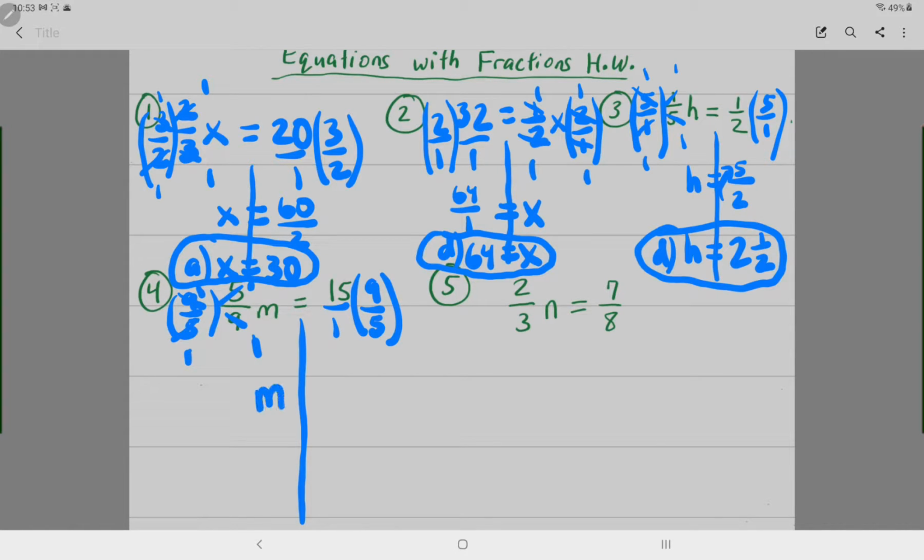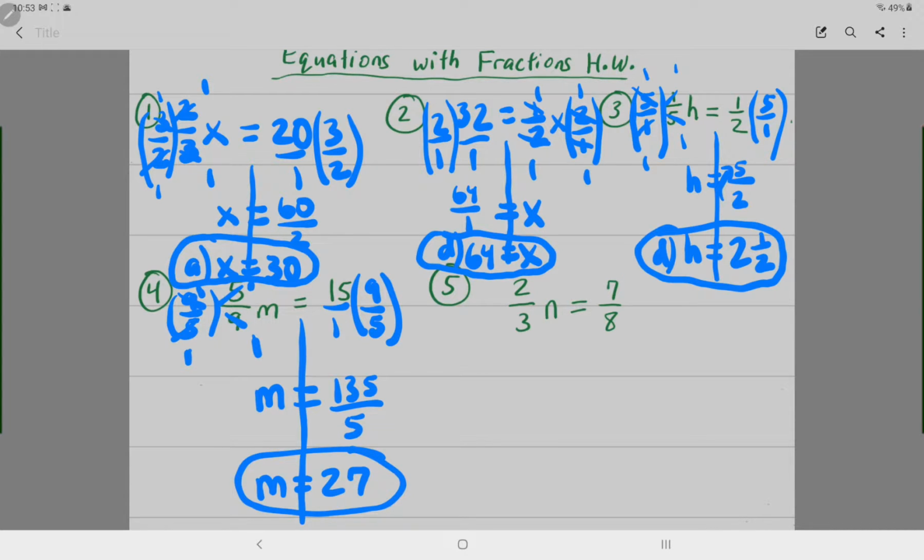So I have my m, bring it down, equals 15 times 9. You can multiply it out or use your calculator, either one, but you're going to get 135. And denominator is 1 times 5 is 5. Last step, divide 135 by 5. And we're going to get the number of muffins is equal to 27.